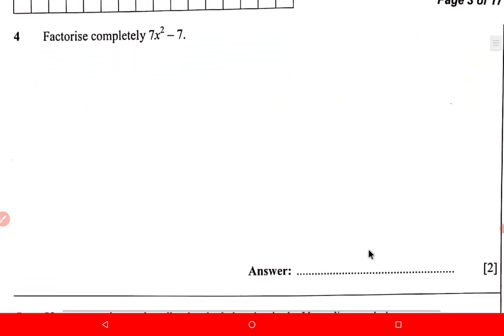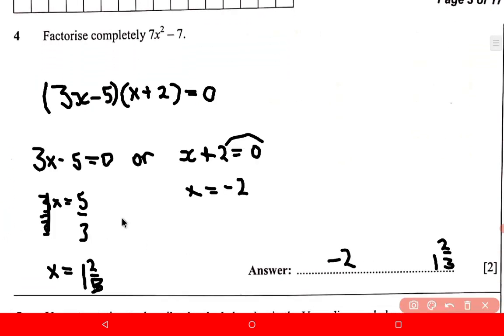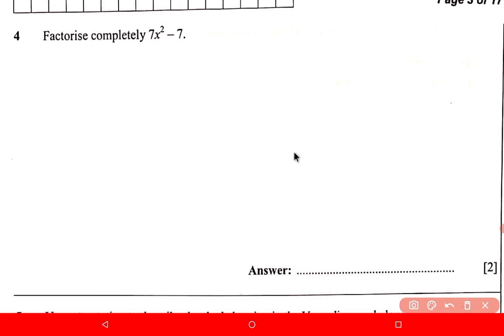Factorize completely 7x squared minus 7. So to factorize this completely, first of all, we're going to factor out the 7 because this is what is common. You remain with x squared minus 1.